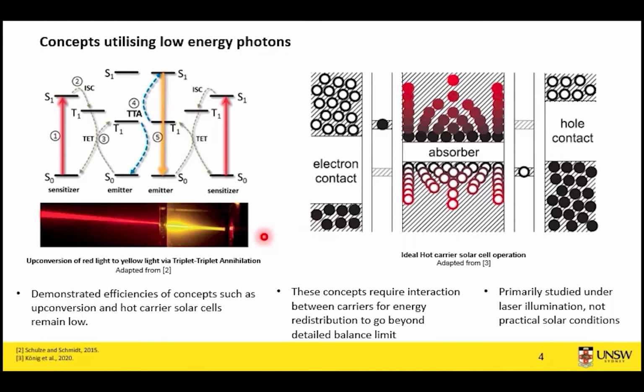And the demonstrated efficiencies of these concepts have been low, and they've primarily been studied under laser illumination and not practical solar conditions. So how does this need for interaction relate to the solar photon flux?